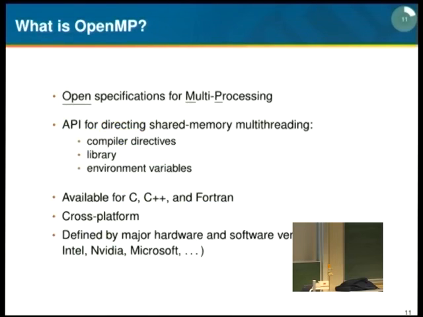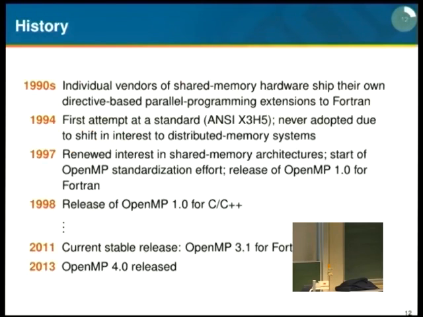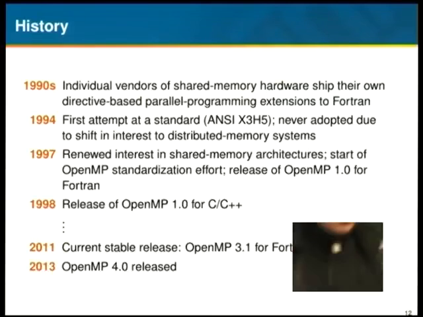So what is OpenMP? Apparently everybody already knew. So yeah, it's this. It has been around for a while already. It originally started out when different vendors realized, hey, we need some kind of a paradigm to attack those multi-core systems that slowly start appearing.